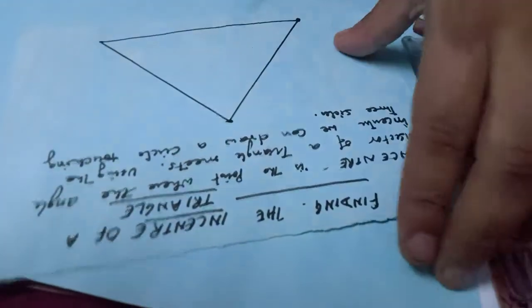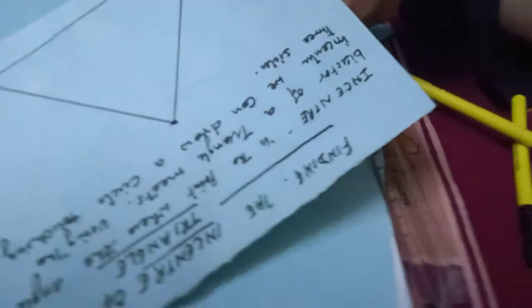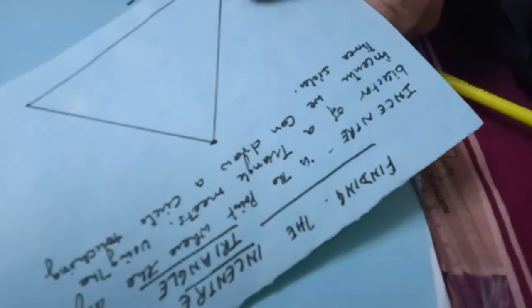Now we have a triangle. Let us cut it out. The triangle has been cut now, and now we have to fold the triangle.